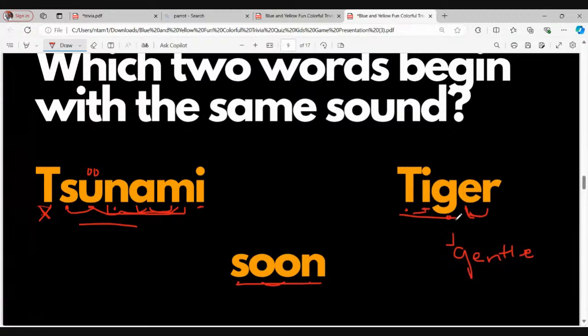And tigers have a yellow and brown coat with black stripes. And you can find tigers in forests. So, for example, in Asia, you can find them in the forest there. All right, so let's keep going.